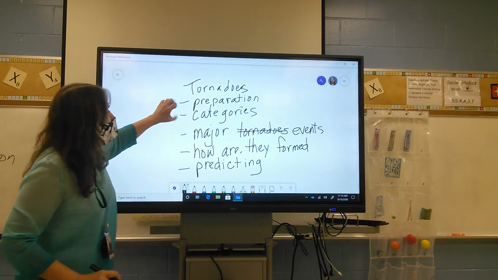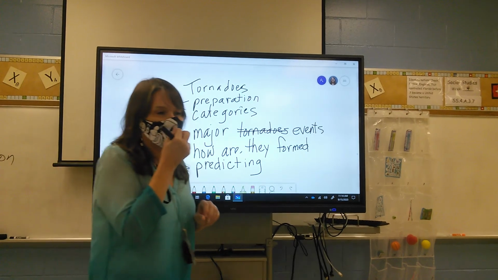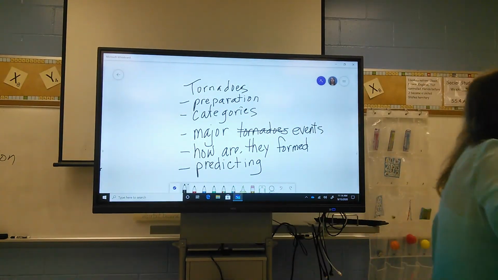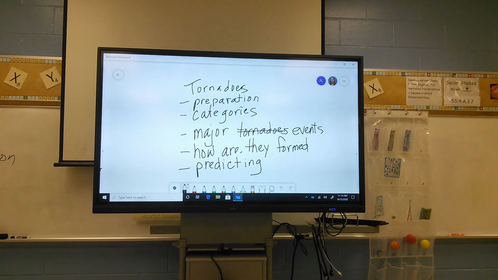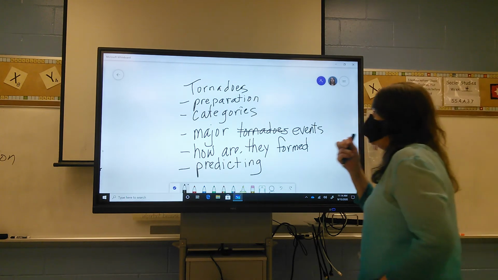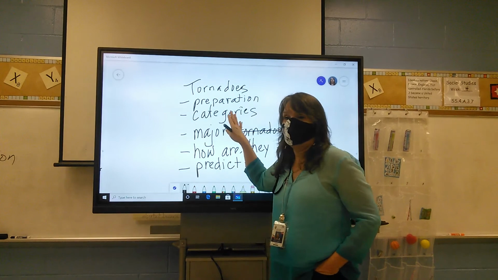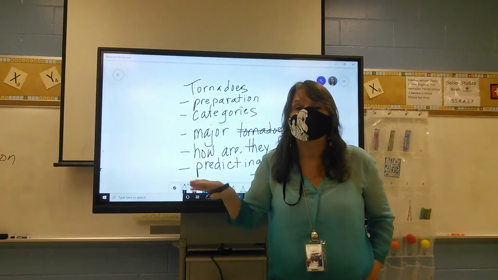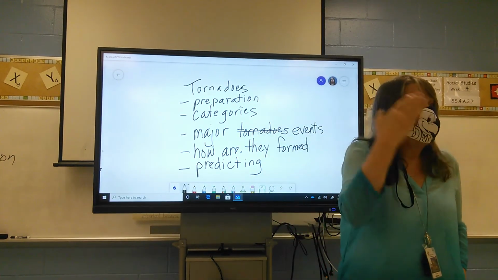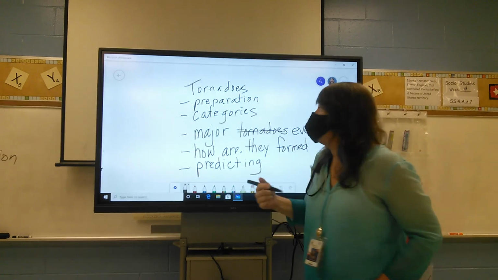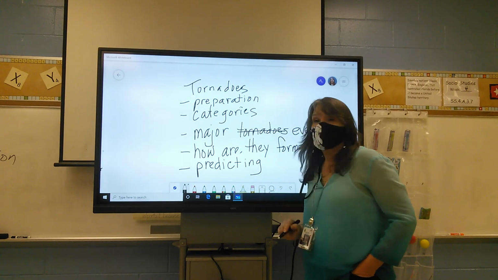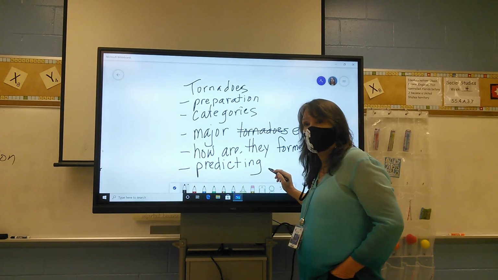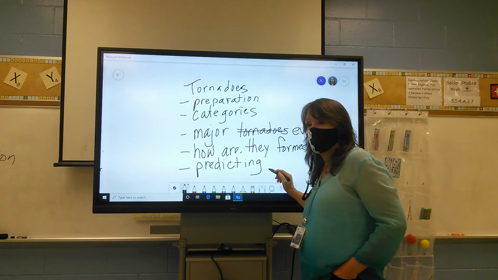Okay, so can you see how I'm kind of trying to brainstorm different parts of this topic that people want to know about, that I want to know about? So that when I go to read in my book about tornadoes, I'm going to be paying special attention when I get to the section about how meteorologists predict a tornado.